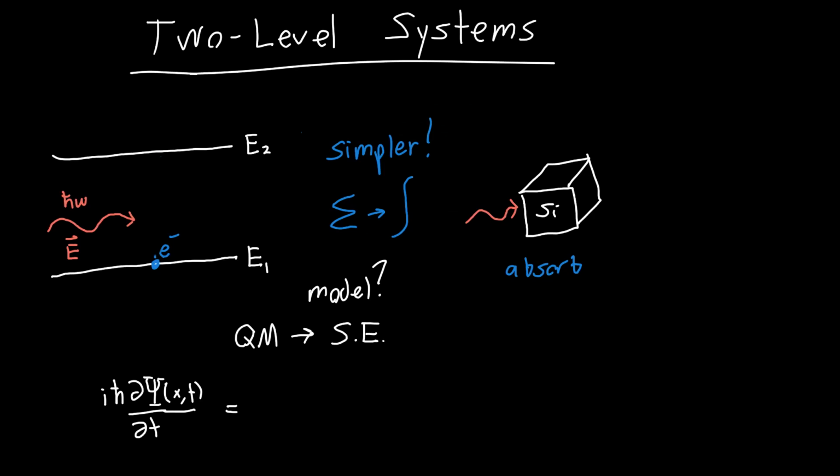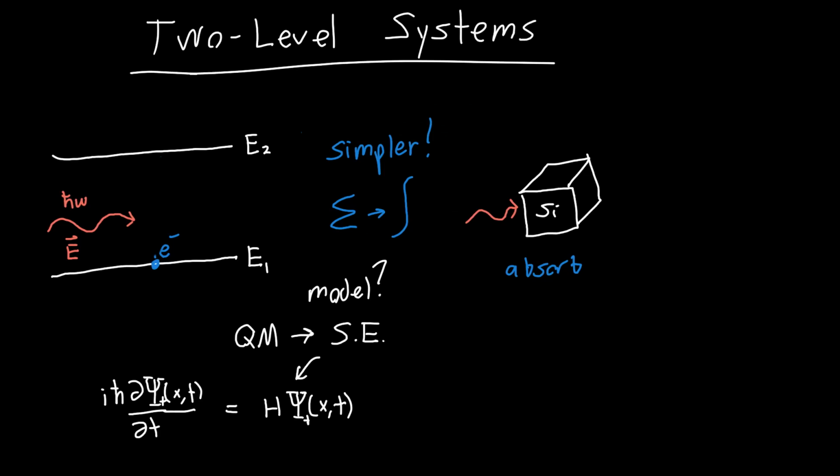This is equal to our Hamiltonian times Ψ of x and t. And we'd like to know what Psi is for this two-level system, so let's call it Psi total.